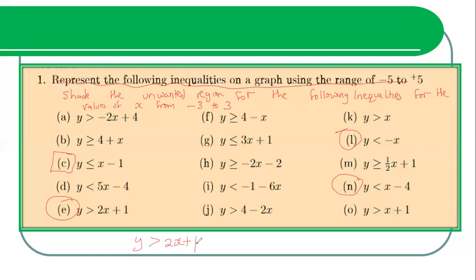Has everyone finished? Okay. I'm going to stop sharing. Nicole, I repeat, the line is supposed to be dotted when the inequality doesn't have greater or equal.